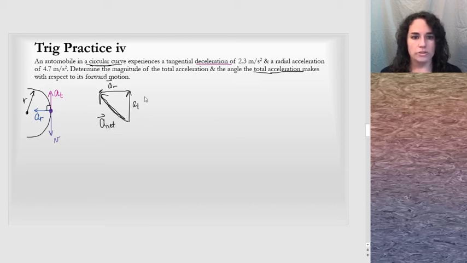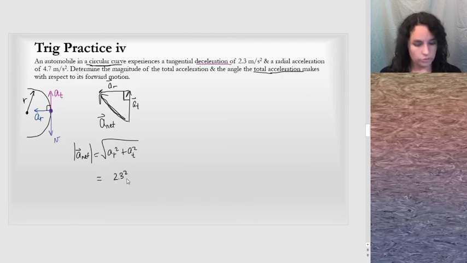And these are all vector quantities. We do have the situation with a right triangle. If I want to find the magnitude of a net, not too hard. I do the square root of a radial squared plus a tangential squared. And I would easily find the value.